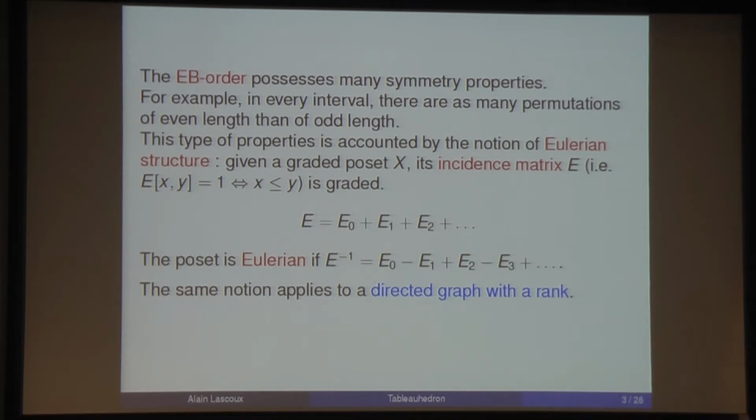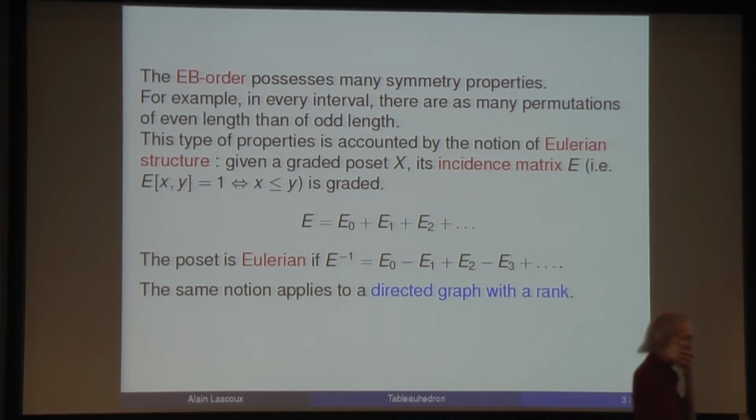So here you compare the elements, but you filter according to the length. And so you say that the poset is Eulerian if the inverse of this matrix is obtained just by negating the odd components. So you can formulate this in terms of superalgebra if you want.